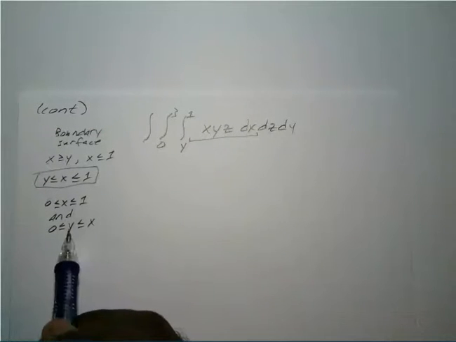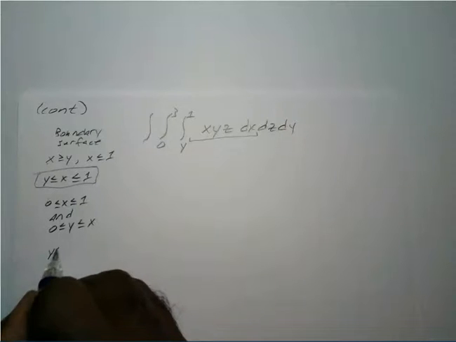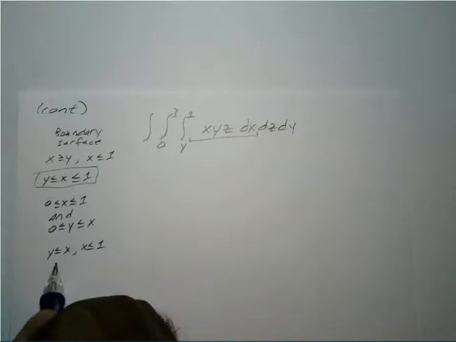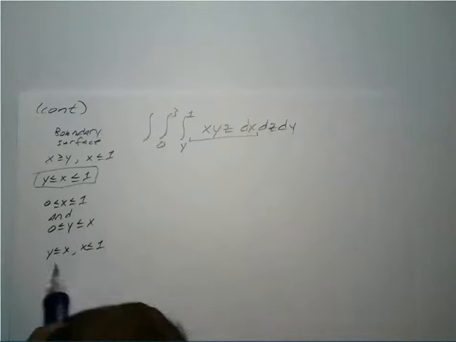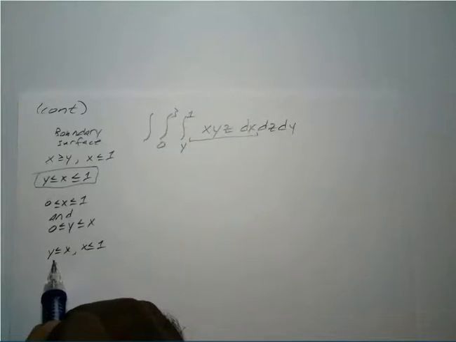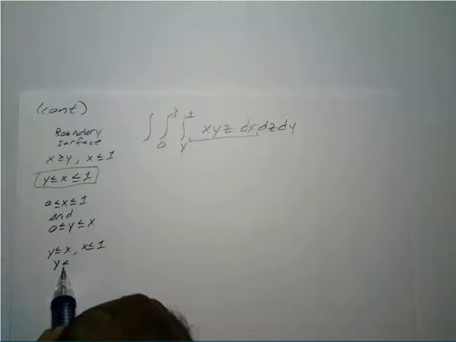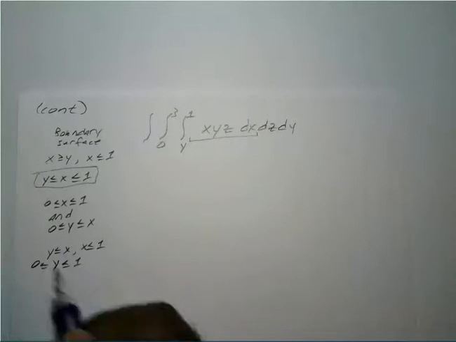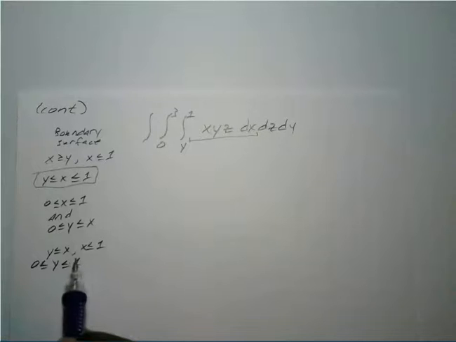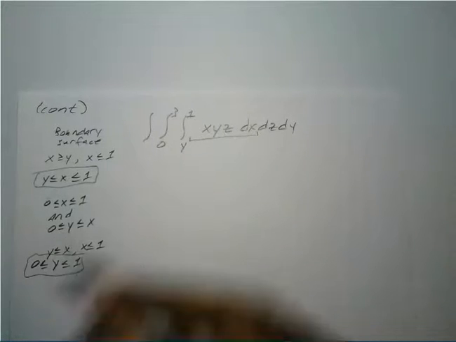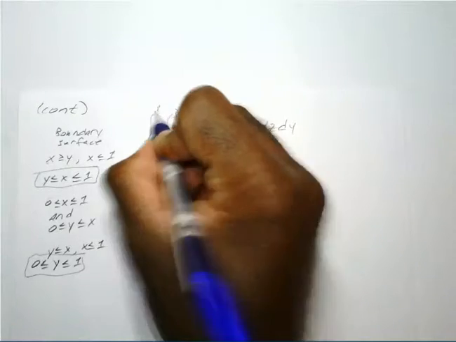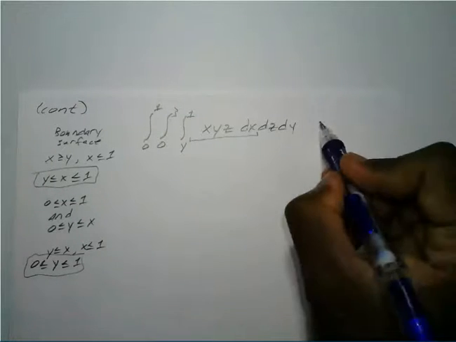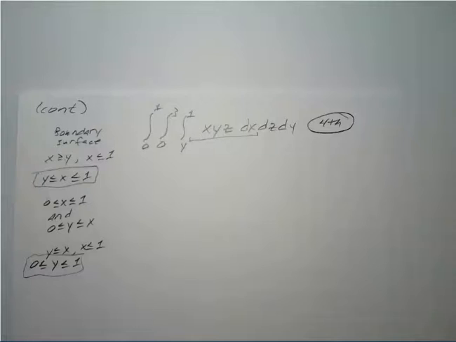That lets us know that y is less than or equal to x, and x is less than or equal to 1, which means y is less than or equal to 1. We also know that it's greater than or equal to 0, so we can use this one. y is between 0 and 1. Okay, so that gave us our fourth order of integration.